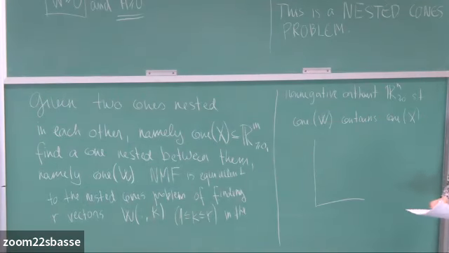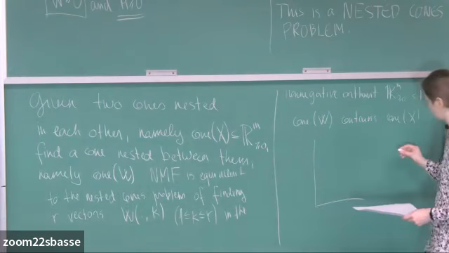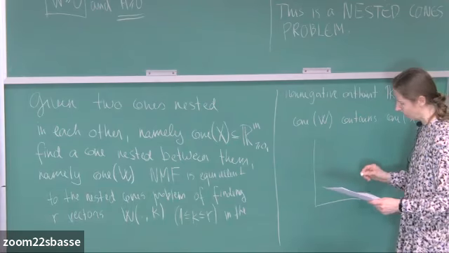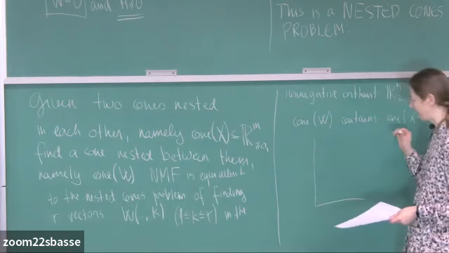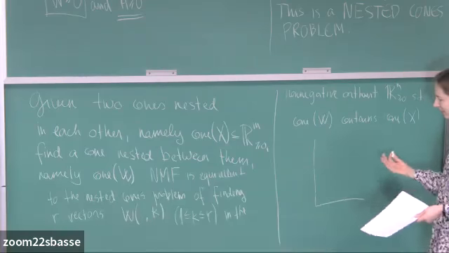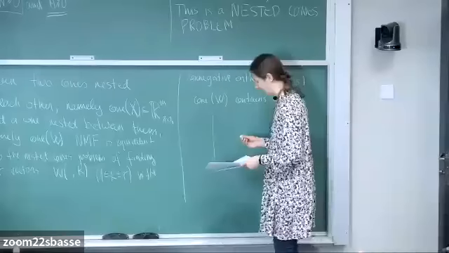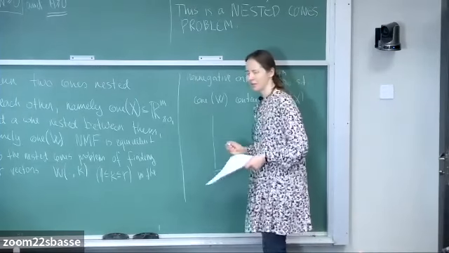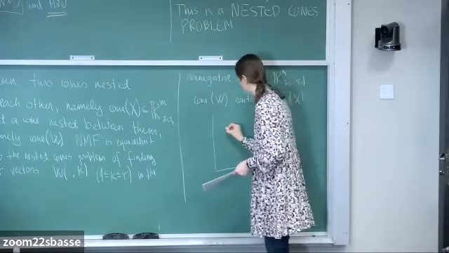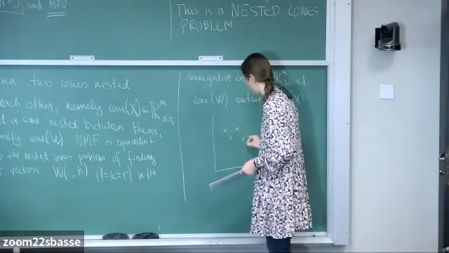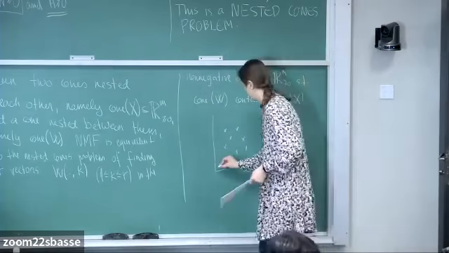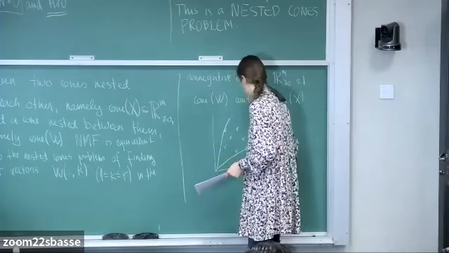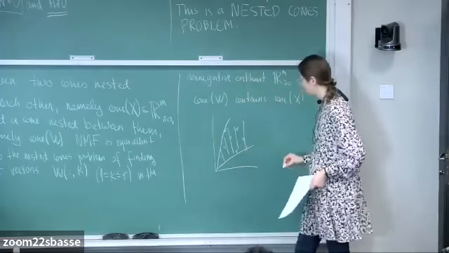So let's do an example, a geometric illustration of what we just talked about. We are given our matrix X, and let's do a very simple case because I don't know how to draw higher dimensional cases, where X has 2 rows. Let these be the columns of X. Then cone of X is this cone over here.